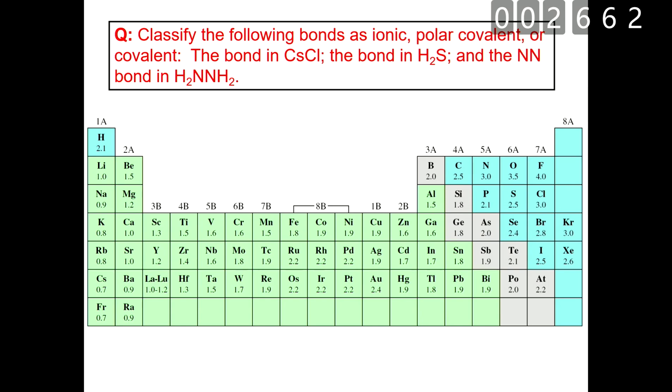You calculate the difference: hydrogen 2.1, nitrogen 3, so the difference is 0.9, between 0 and 2, so it's a polar covalent bond. You just use this way to determine the bond types in compounds.